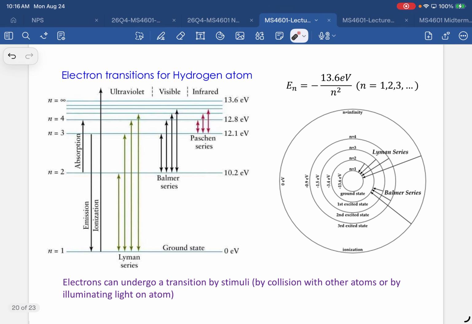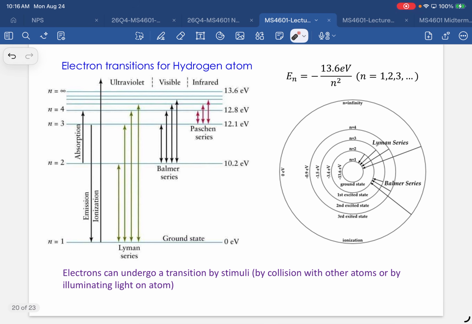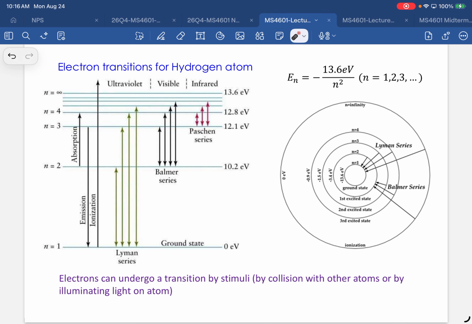Okay, so again we are going to use the hydrogen case. By solving the Schrödinger equation, we obtained these energy values, right? The energy of hydrogen depends only on n, and n goes from 1 and can be only integers. So this is the actual energy level. For n equals 1, this is minus 13.6 electron volt, or you can think of it as 0 electron volt.